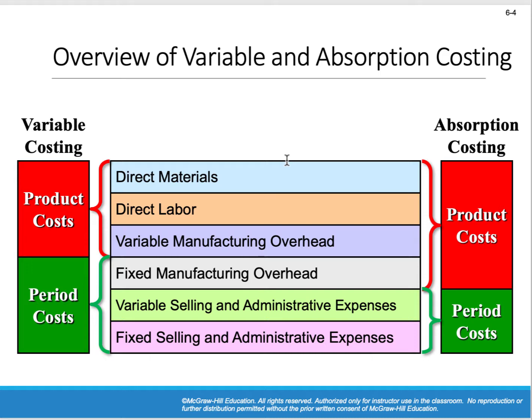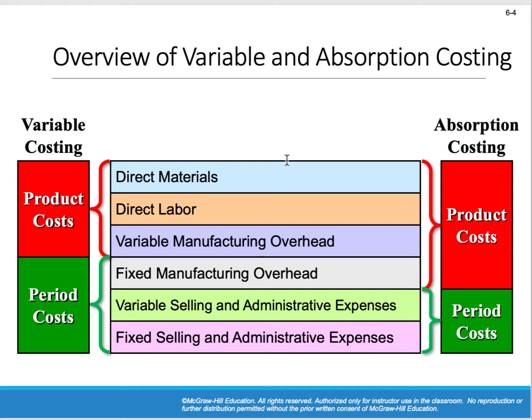Variable costing assumes that our product costs include only variable product costs, or only the variable manufacturing costs. That means direct material, direct labor, and variable manufacturing overhead make up the product costs, okay? Well, what do we do with the fixed manufacturing overhead?